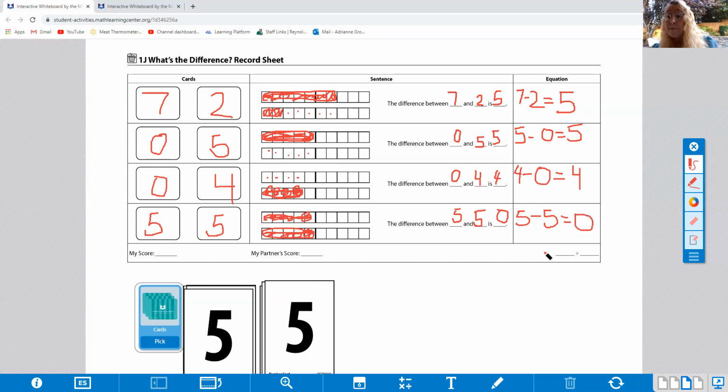Now, all this time, my partner would have been taking turns and playing on their own record sheet. This is my record sheet. So now what do I need to do? I need to add up my score. My score is 5 plus 5 plus 4.